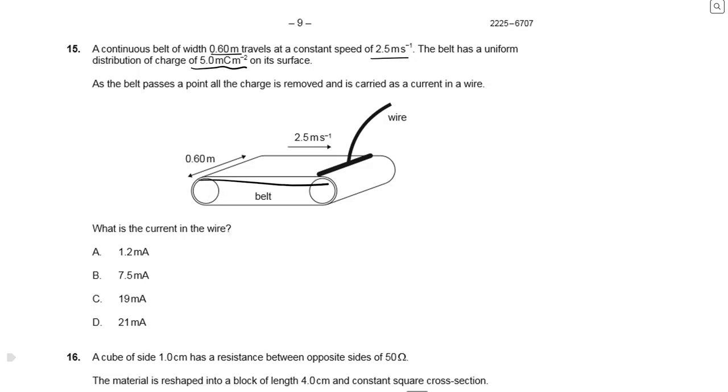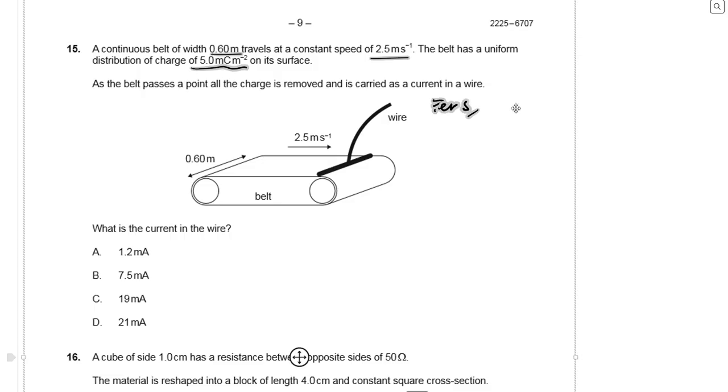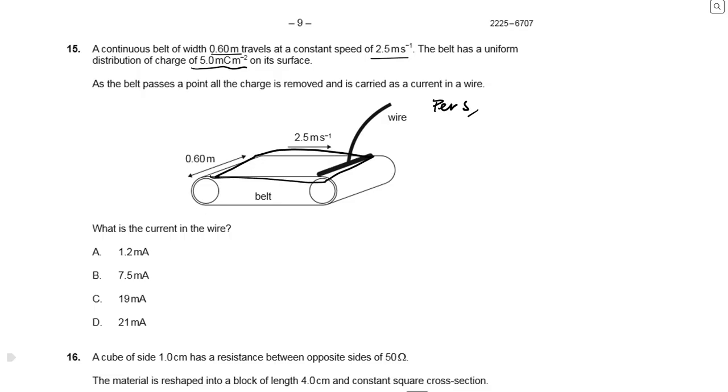Okay, so we have this area, and we know it's 2.5 per second. So let's calculate per second. Per second, we have an area, and we want to find the area because we have a distribution of charge per meter squared. So we need to find the total charge on this area.